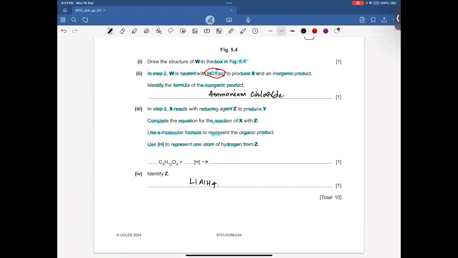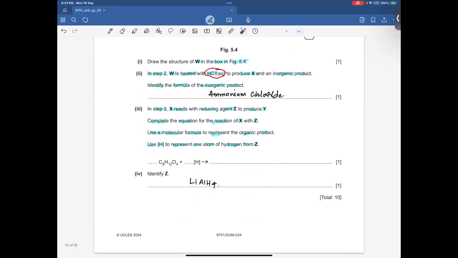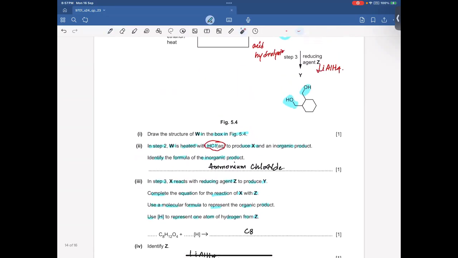And let me count the carbon atoms here. 1, 2, 3, 4, 5, 6, 7, 8 carbon atoms. Let's count hydrogen. 2, 4, 6, 8, 9, 10, 11, 12. 12 hydrogen atoms.